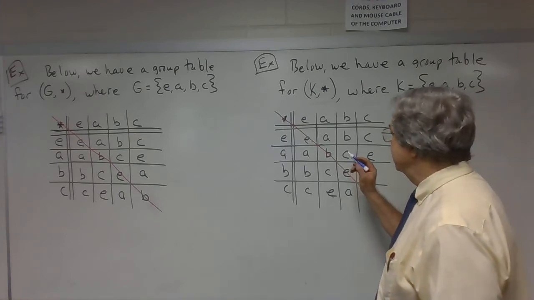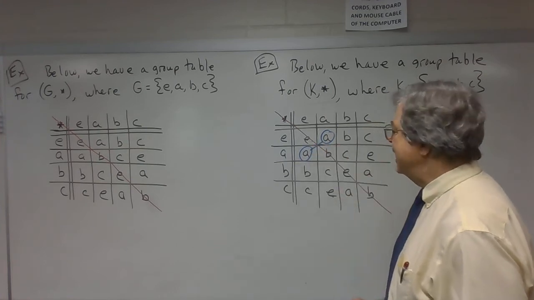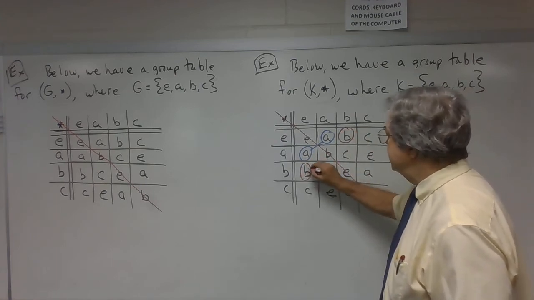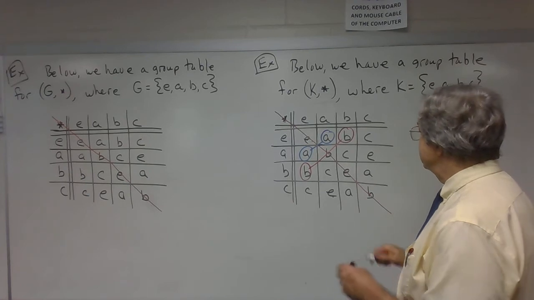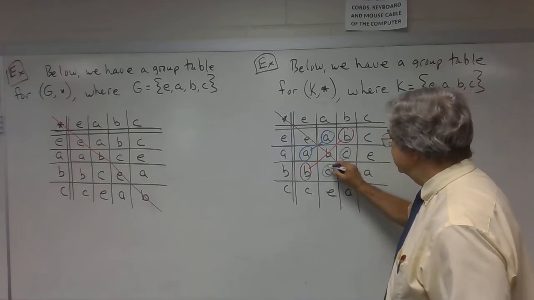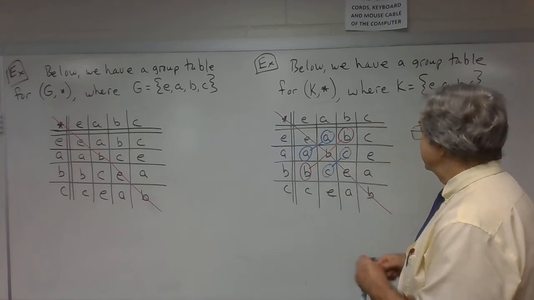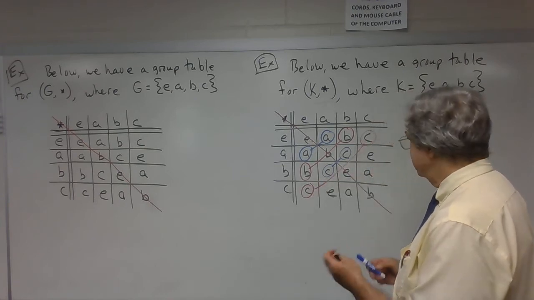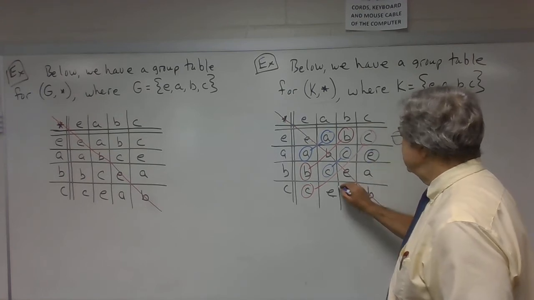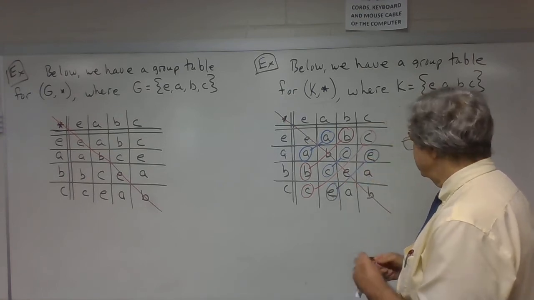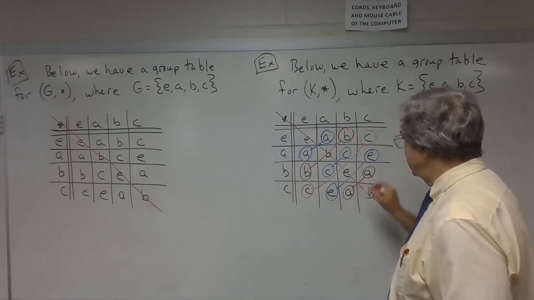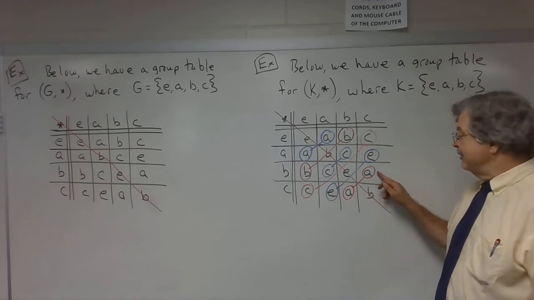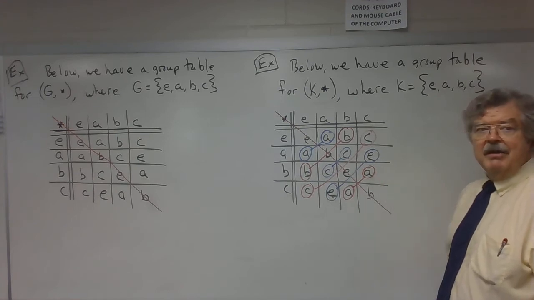For example, we have A and A, and here we have B, B, and here we have C, C, E, E, A and A. Pick any element below the main diagonal and go to its mirror image above the main diagonal. We get the same element.